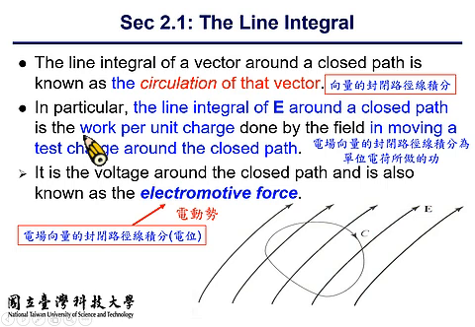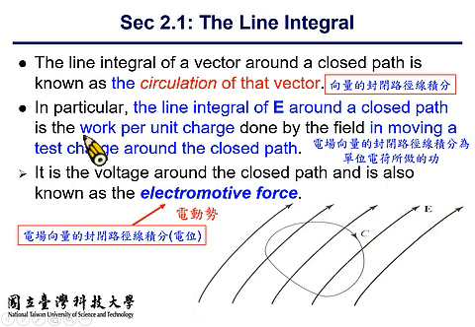As we already discussed on Tuesday, the line integral of electrical force, what is its physical meaning? It is work.